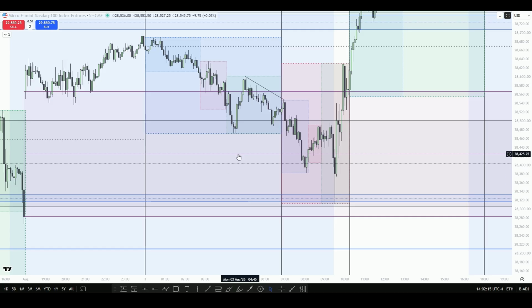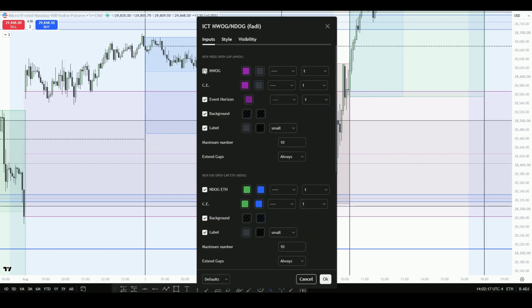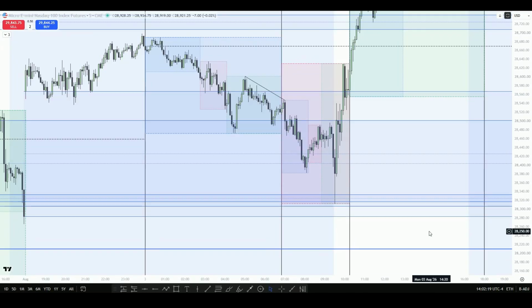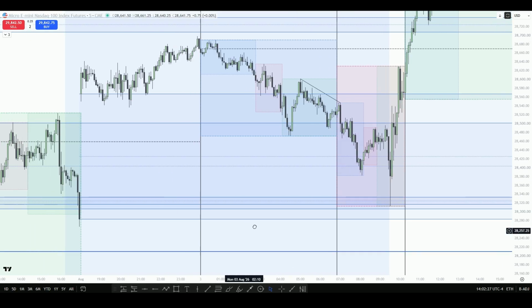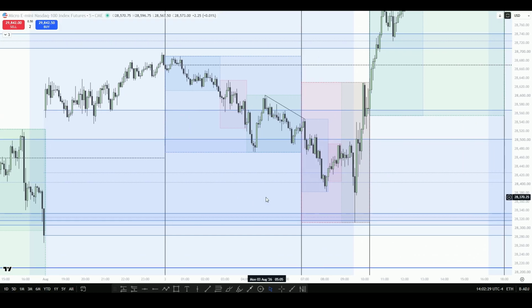Okay, let me actually remove new week opening gaps for now as well, so the chart is a little bit cleaner. So we dropped into this smaller gap from July 30th. Also here, the SMT formed right above this one, which is a larger gap within that same day.